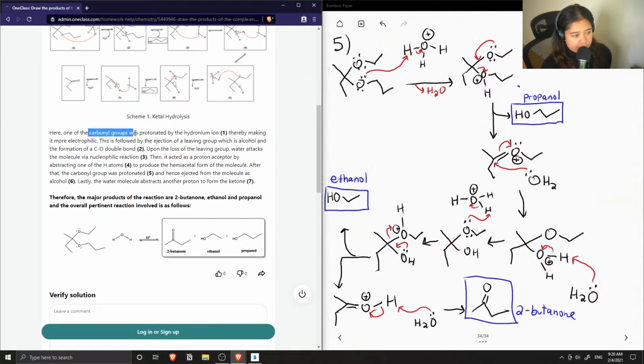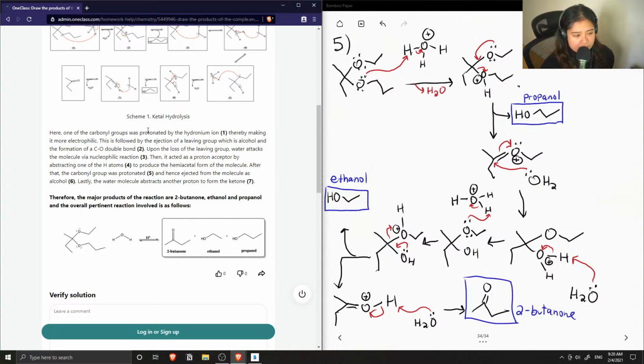So one of the carbonyl groups was protonated by the hydronium ion, making it more electrophilic. This is followed by the ejection of a leaving group, which is alcohol, and the formation of a double bond. Upon the loss of the leaving group, water attacks the molecule via nucleophilic reaction.